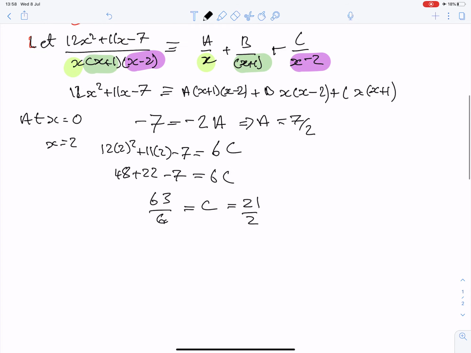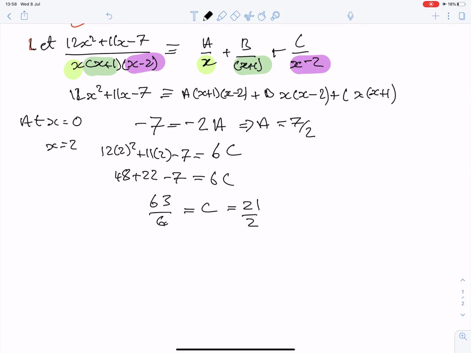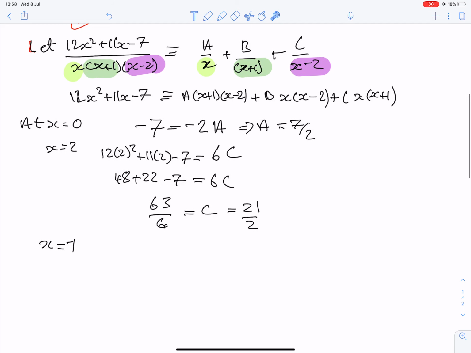Okay, now lastly, we can put x in as minus 1, because that will mean this is 0 and this is 0, which will mean we can work out b. So 12 lots of negative 1 squared plus 11 lots of negative 1 minus 7 is equal to 0a, b lots of minus 1 times minus 3, and c will be 0.